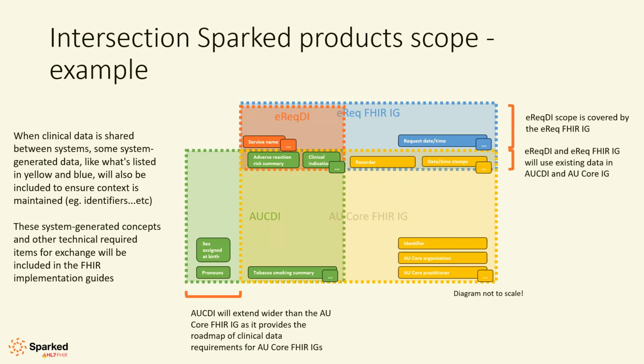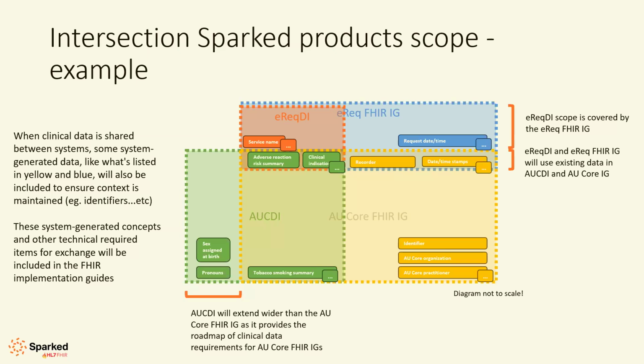So we've pulled together this idea of how the Spark product scopes can intersect. So you can see here the AU CDI, the AU Core, the FHIR IG, the eRequesting DI, and the eRequesting FHIR IG. I think the main thing to talk about here is that we would see the eRequesting DI would be mostly covered by the eRequesting FHIR IG.